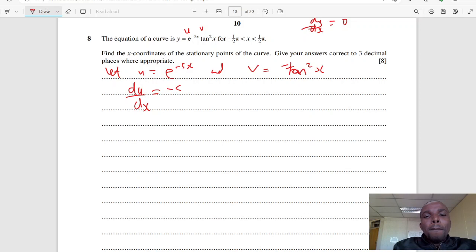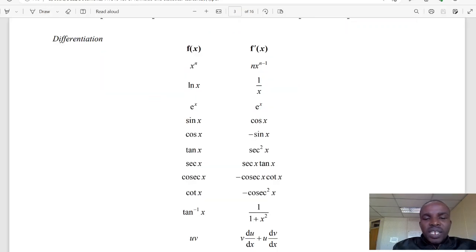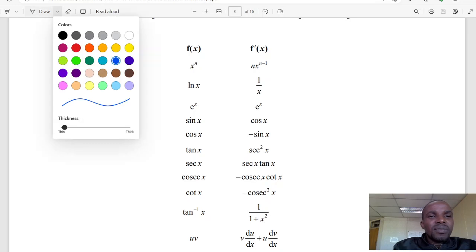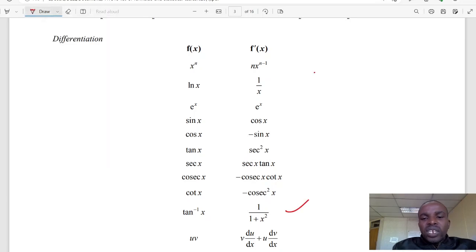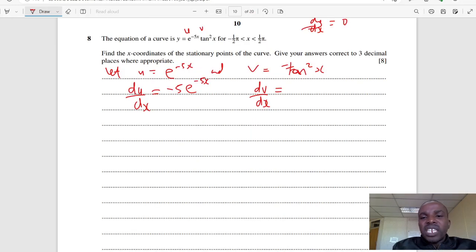It will be minus 5 e to the power minus 5x. Then dv over dx. Right, arctan is this one. You just take this part. It's this one, so it will be 1 over 1 plus x squared. That's the derivative, 1 over 1 plus x squared.